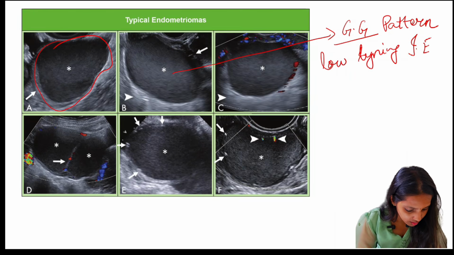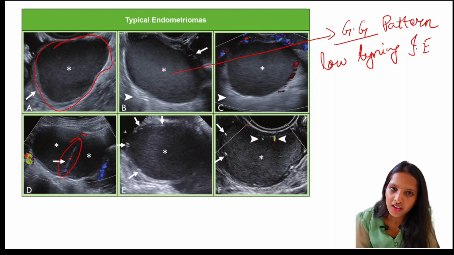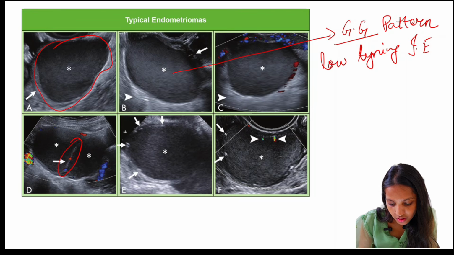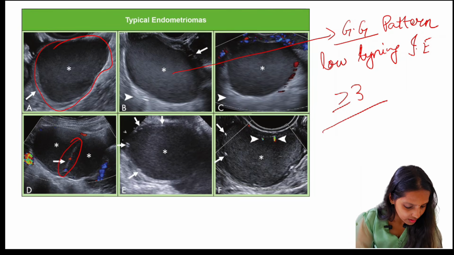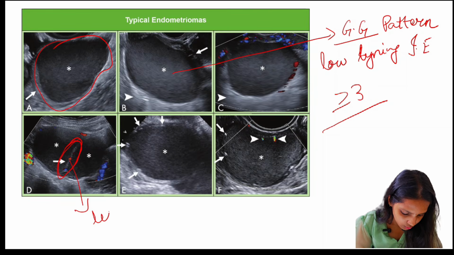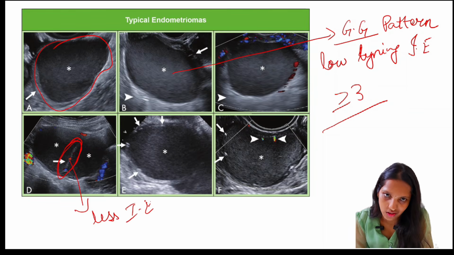As described in this figure, the majority of endometriomas comprise only one cyst, and they can go up to three or more septations. Some of these septa show very little internal vascularity, not as prominent as in a hemorrhagic cyst.